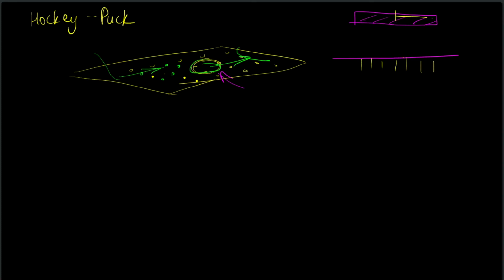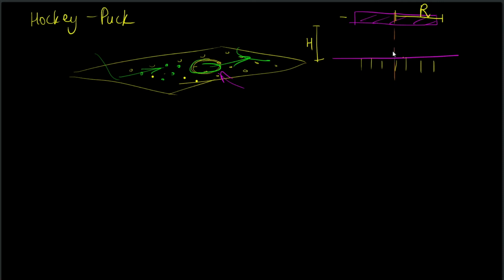The puck has a radius of capital R, and suppose that this puck is floating in air at a height of h.